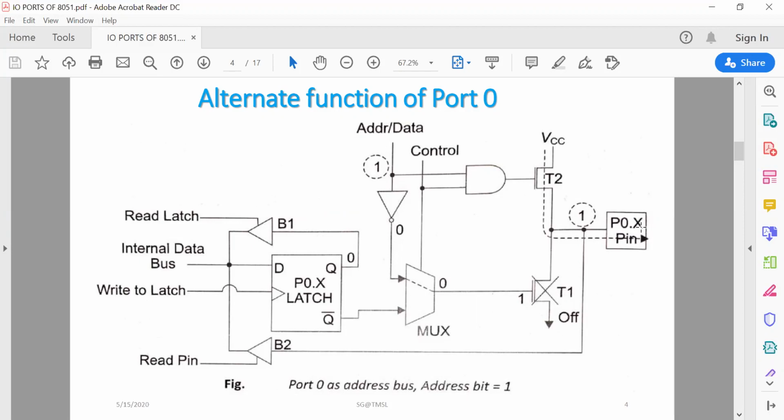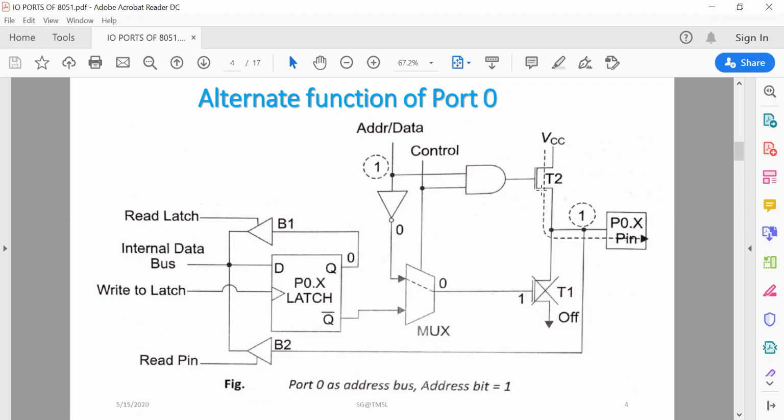Now what happens if the address bit is 0? At that time T1 is on, but T2 is off, for providing logic 0 at the port pin. Once an address is issued and latched into the external latch using ALE, the bus behaves as a data bus.